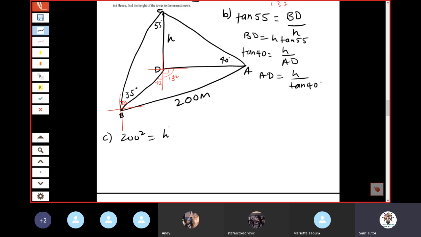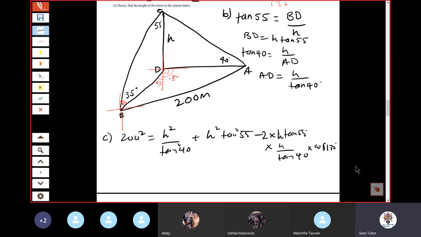So what did I say? H squared on tan 40 squared plus the other one, which is H squared tan squared 55 minus 2 times H on tan 40 times cos C, which is 132 degrees.